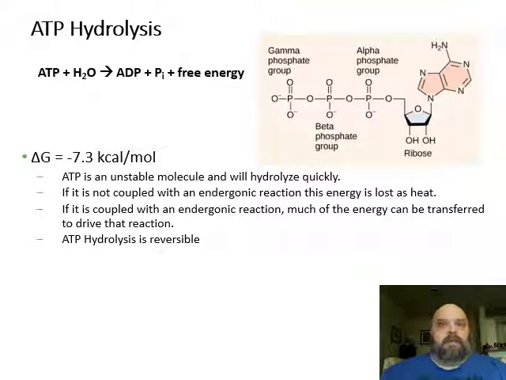How much energy? Well, you look right there. Delta G of negative 7.3 kilocalories per mole. Now, relatively speaking, is that a lot? Yeah. There are very few delta G's in biology that reach that low. Remember, anything below 0, reactions are going to occur spontaneously.